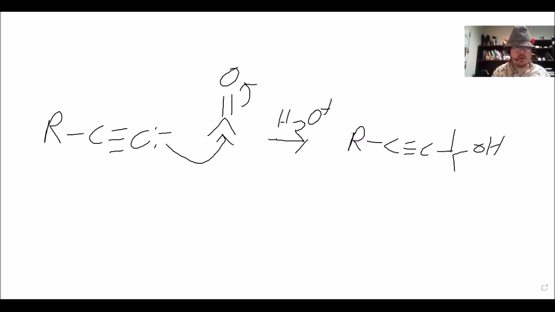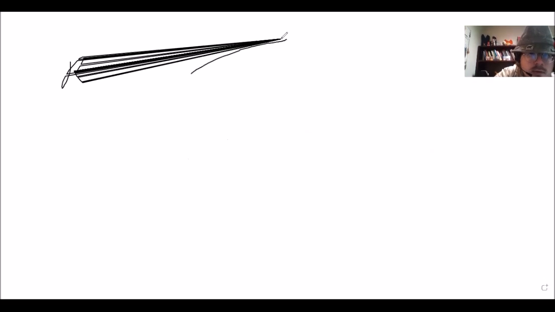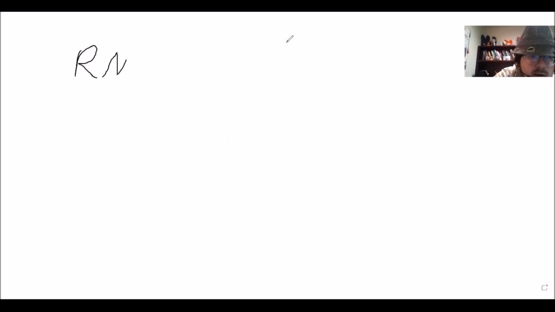If you haven't already heard of this, Grignard is some sort of alkyl anion that we make when we mix the alkyl halide with magnesium to form this really strong, really powerful nucleophile.